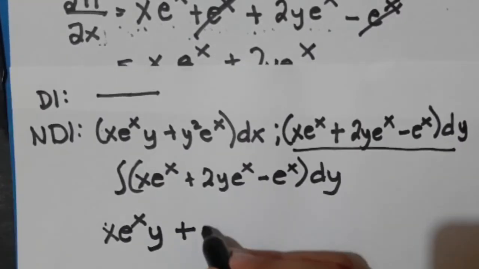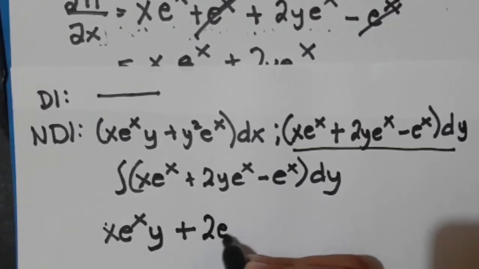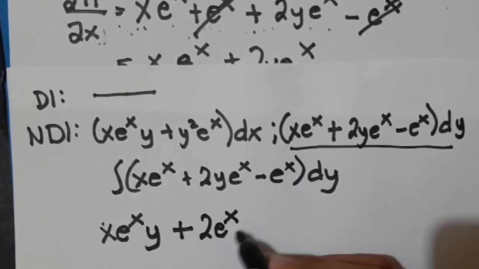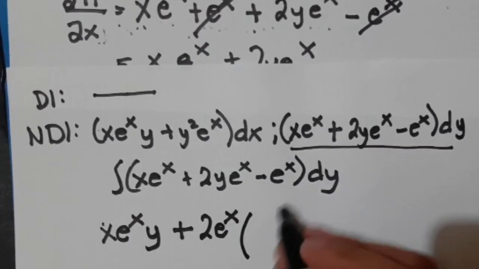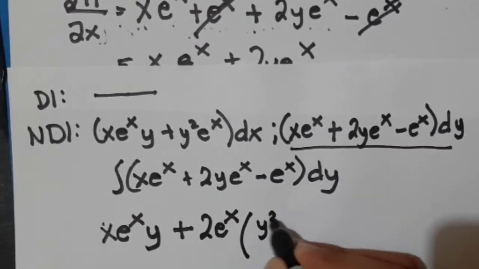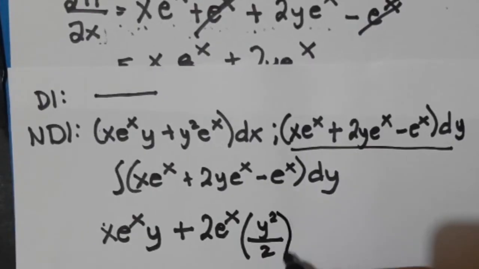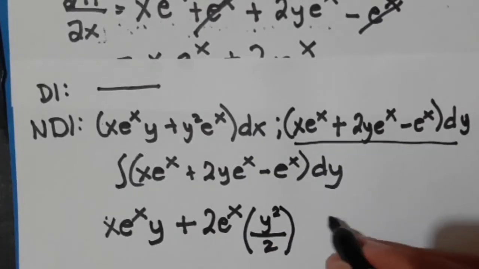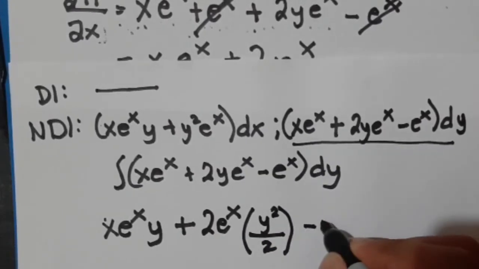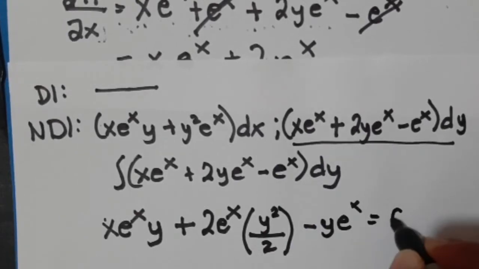So again, 2e^x is constant. Just copy the constant, and the integral of y dy is y squared over 2. Last, we have negative e^x dy, that is simply negative y e^x, is equivalent to C.